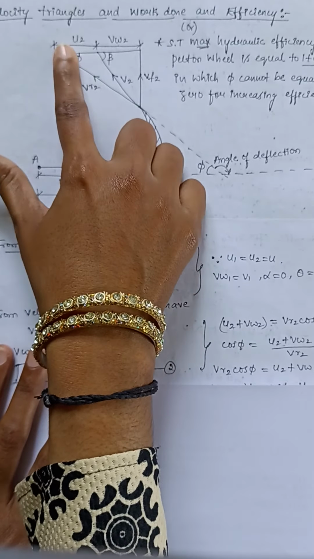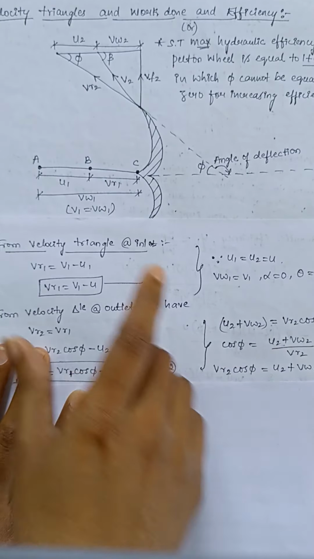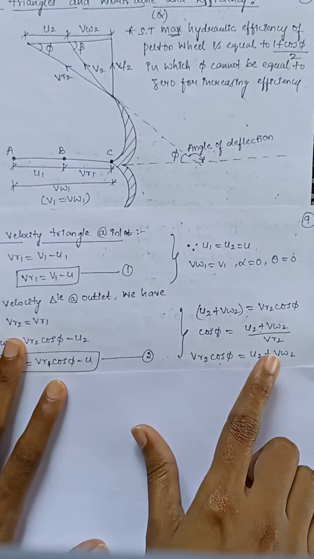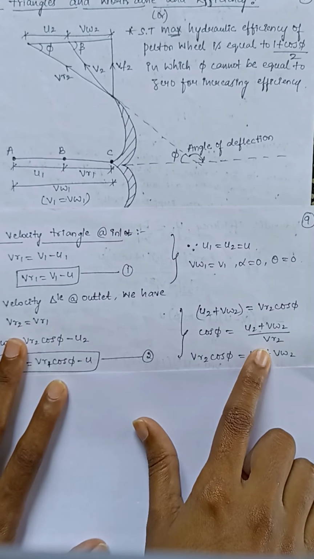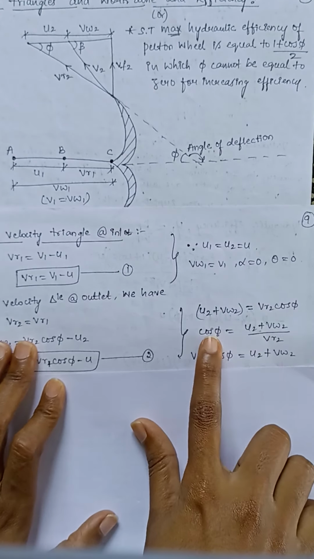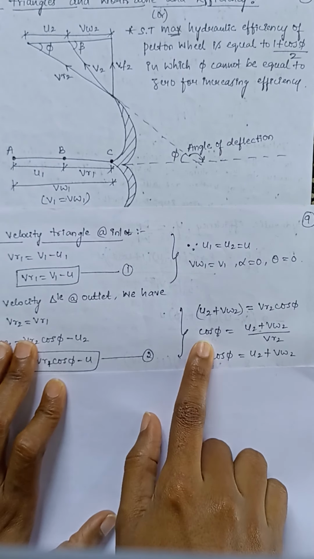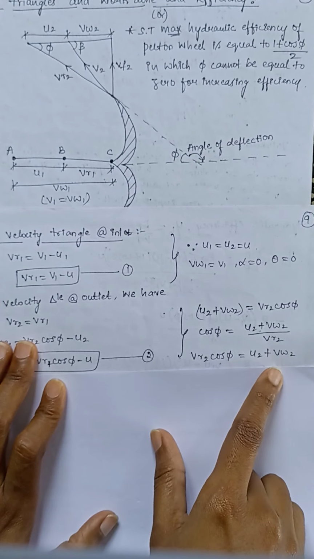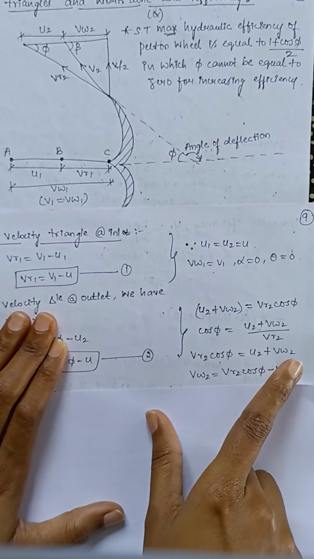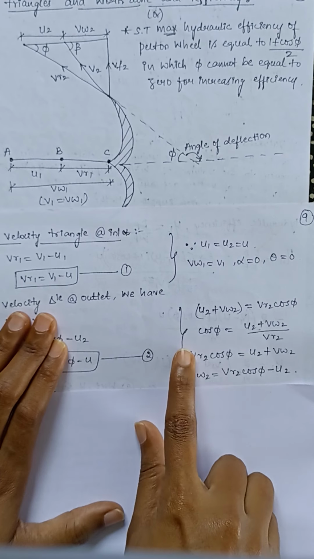The adjacent side for the angle phi is u2 plus vw2, divided by its hypotenuse vr2. Hence, cos phi is equal to (u2 plus vw2) divided by vr2. Now here I want the equation of vw2. So let us cross multiply this. On cross multiplying we get vr2 into cos phi is equal to u2 plus vw2. But I want the equation of vw2 here, so I will keep vw2 as it is and bring this u2 to the other side.